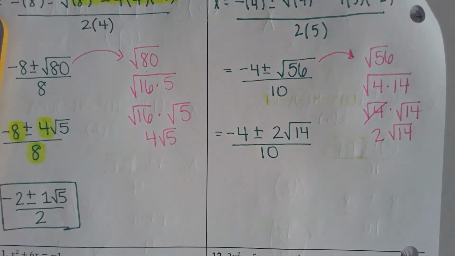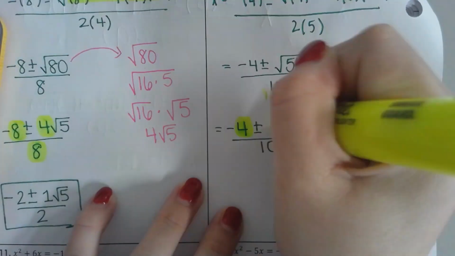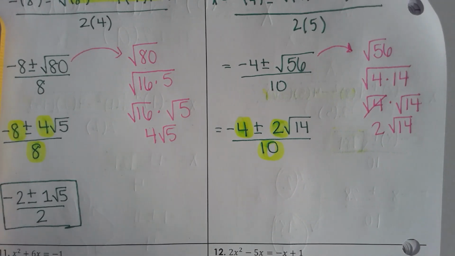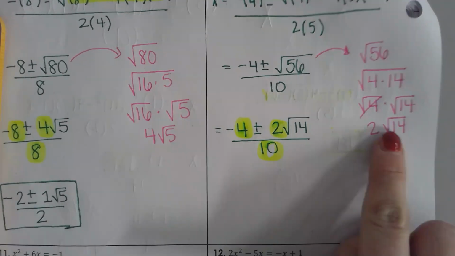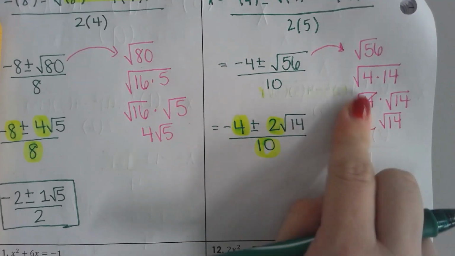We have -4 plus or minus 2 square root of 14 over 10. And we can divide all of these by 2 to get it more simplified. Why did you leave 14 as it is? Because 14 is not a perfect square. The square root of 4 is 2.